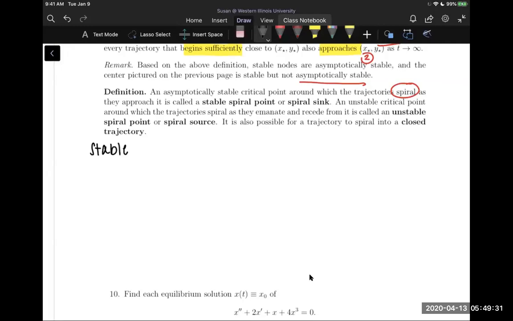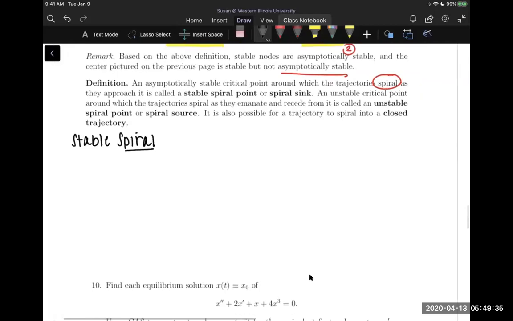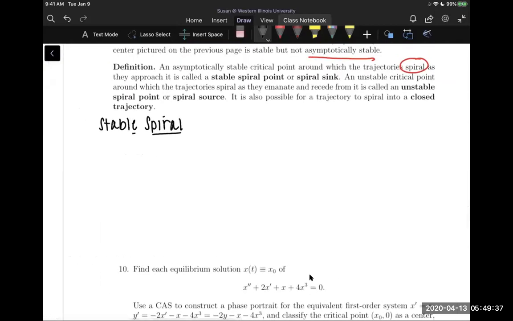So a stable spiral is what we'll draw here on the left. So here's our coordinate plane. We'll keep with our node in the middle. And what we want to do is spiral into this node.